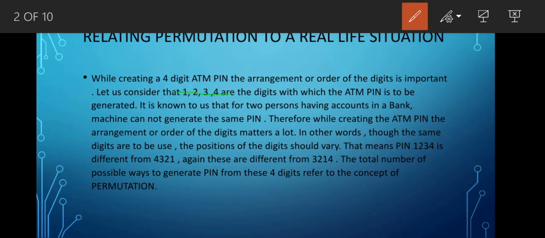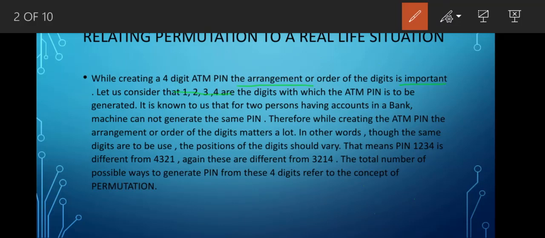While creating a 4-digit ATM PIN, the arrangement or order of the digits is important. Actually, already I told you that when the machine generates the ATM PIN, it always takes care of one thing, that no two ATM PINs should be same.